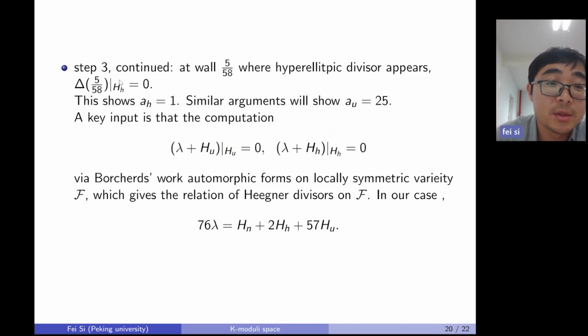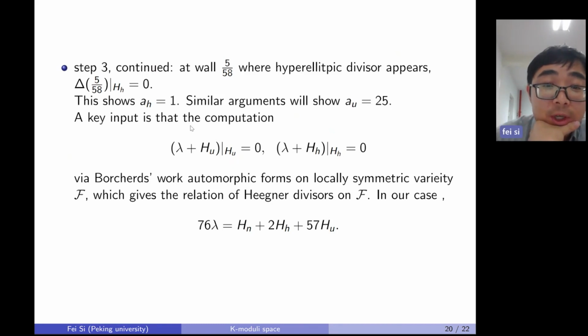You can restrict our line bundle, just the pullback of the CM line bundle, to the hyperelliptic divisor. It will vanish. So you will get the coefficient of the hyperelliptic divisor. Similar arguments will give you the unigonal divisor. The coefficient of the unigonal divisor is 25.